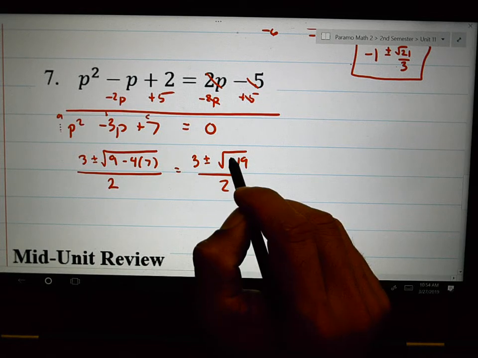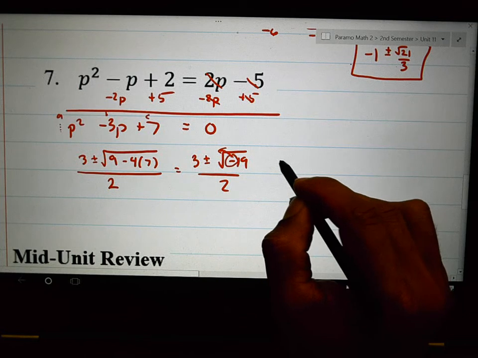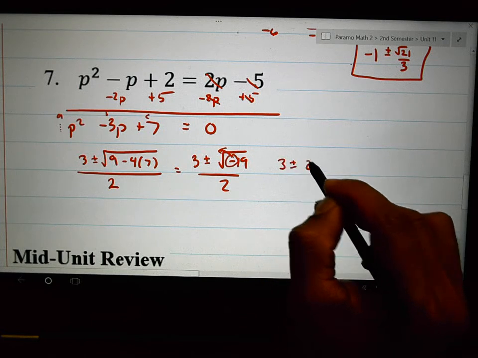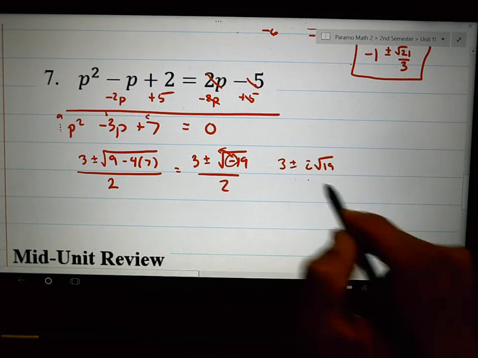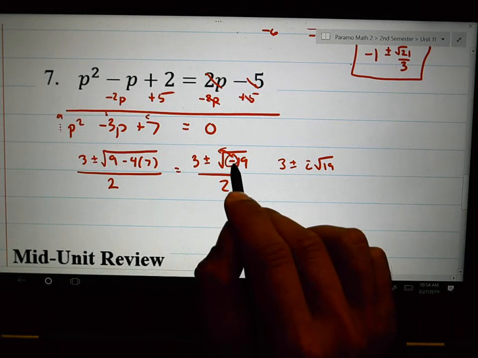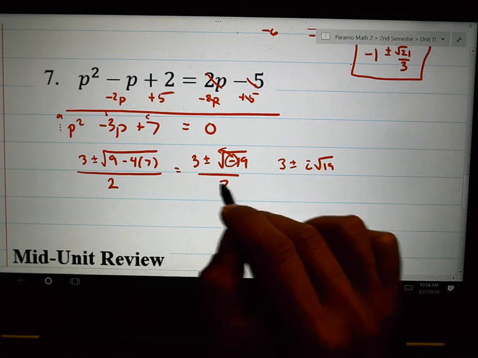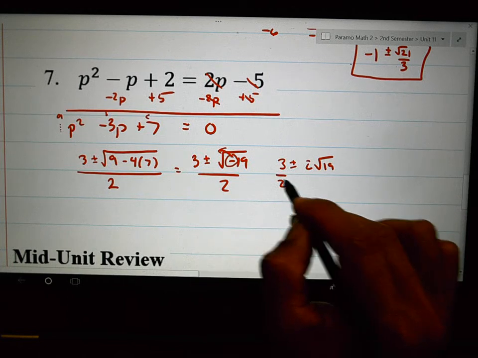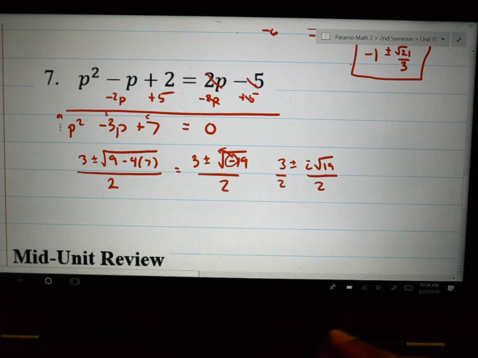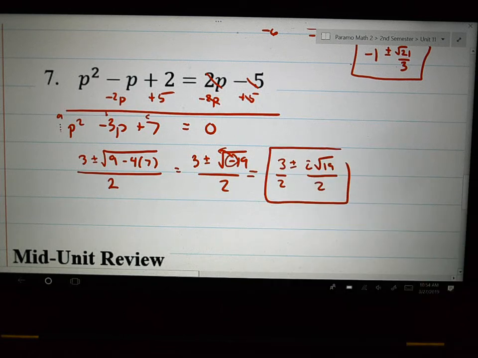So sometimes we might have to pull out the imaginary letter i. If so, just like this one, we pull out the i, it goes right in front. This divided by 2 goes for the 3 and for this radical. My answer is 3 over 2 plus or minus i root 19 over 2.